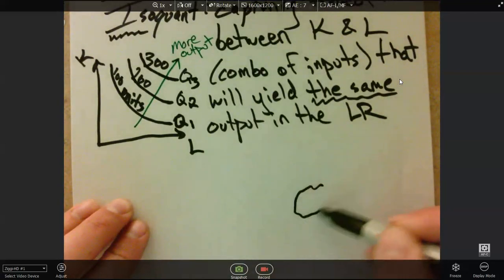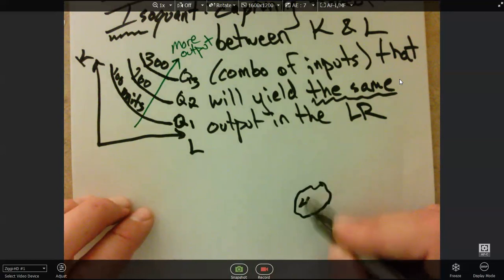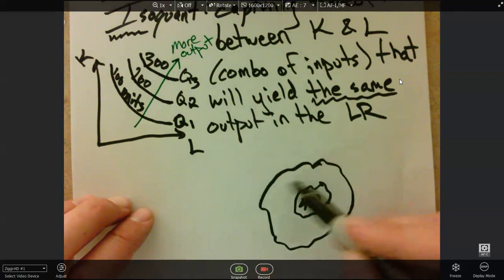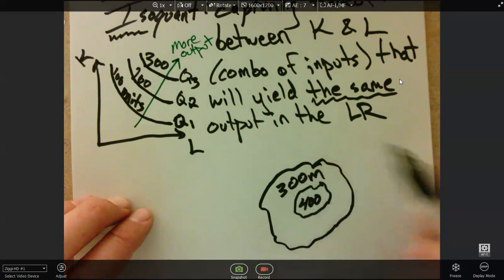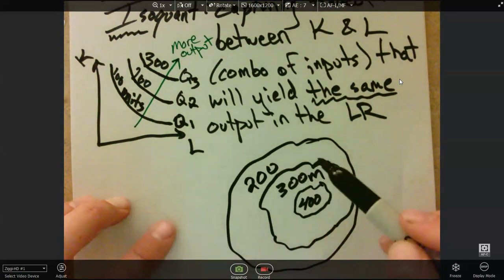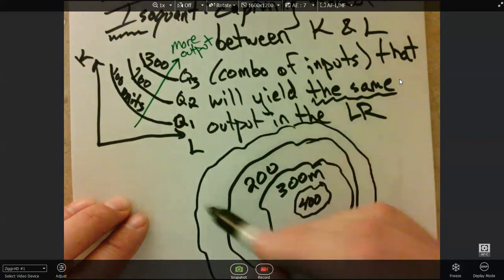The top of the plateau is 400 meters, this part of the plateau is 300 meters, this part is 200 meters, and this part is 100 meters.